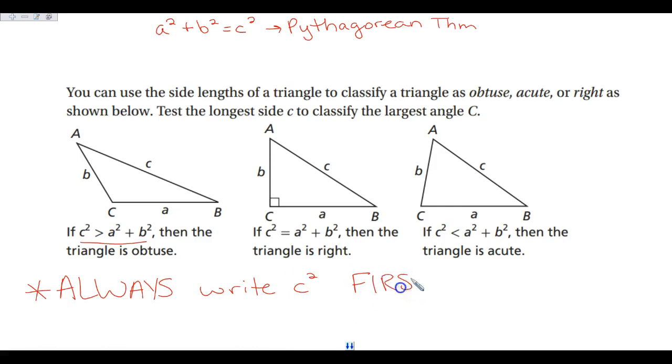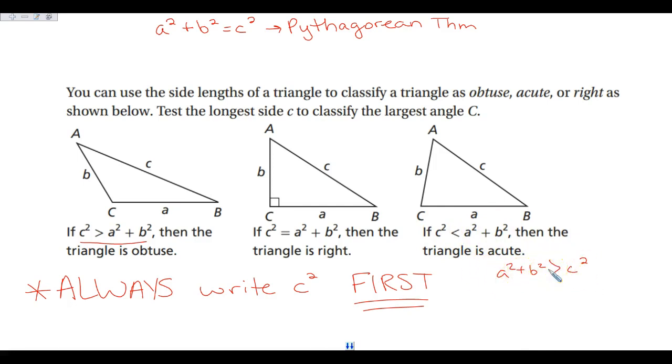That's going to be super important, because you guys see the greater than symbol, and you're going to automatically associate that with obtuse. But if you don't put c squared first, then you'll have a squared plus b squared is greater than c squared. Well, this is an acute triangle because look, c squared is less than a squared plus b squared. c squared is still smaller than a squared plus b squared.